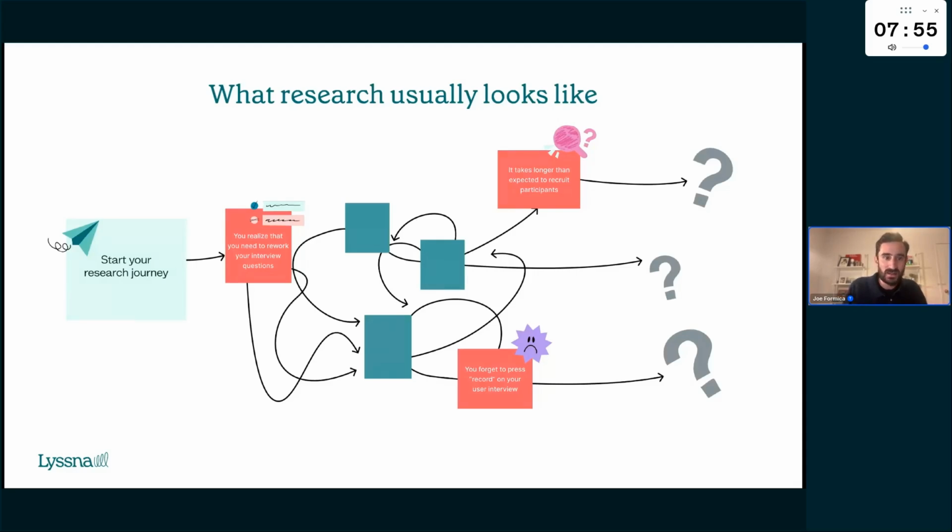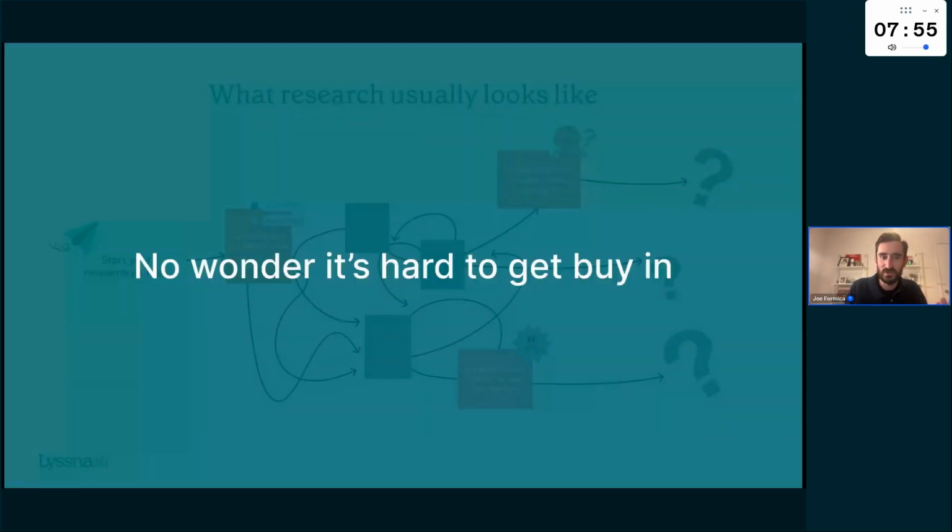So to that, maybe it's a little bit easier to empathize. No wonder it's hard to get buy-in, right? If you're outside of the research process and you're putting yourself in the shoes of a stakeholder, or I'm thinking of several clients that I've worked with who I had to really kind of fight that uphill battle to get time and resources to do research.